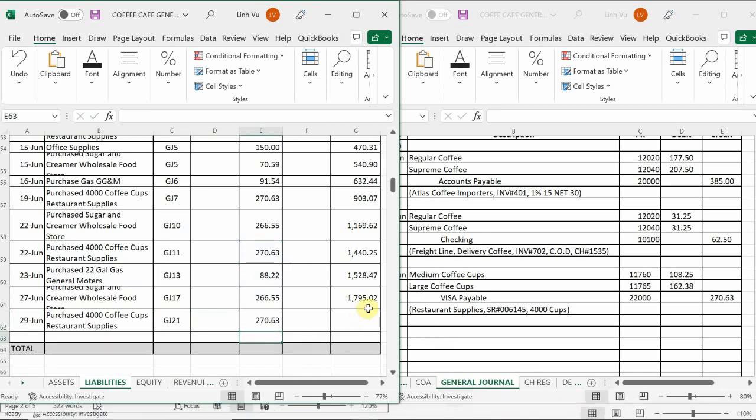So that will increase your credit to $2,065.65. Okay, 270.63.